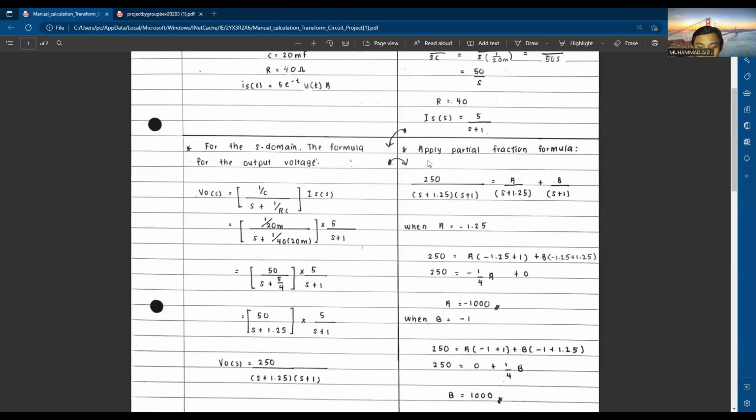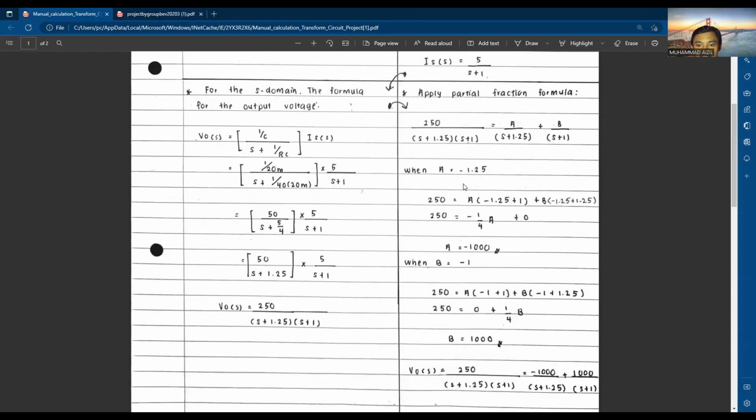So for the next, we apply the partial fraction formula, which is 250 divided by S plus 1.25 multiplied by S plus 1, equal to A over S plus 1.25 plus B over S plus 1. So we apply the partial fraction. When S equals negative 1.25, we get 250 equal to A. We change the value of S here.